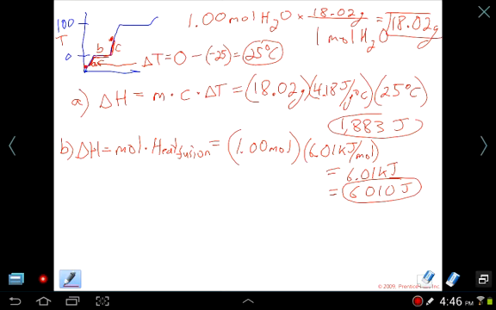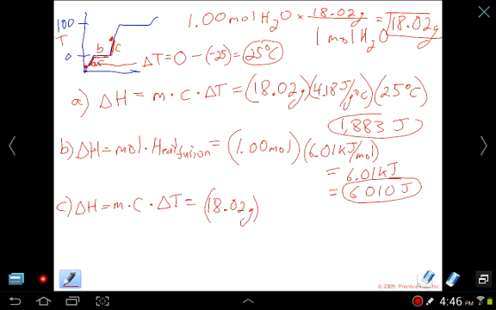And finally, in part C, we'll have to heat up the liquid water now. So again, we'll use the first equation, the m c delta T equation. Plug and chug, and we have the mass as before, 18.02 grams.